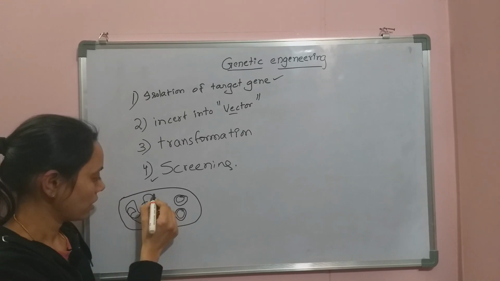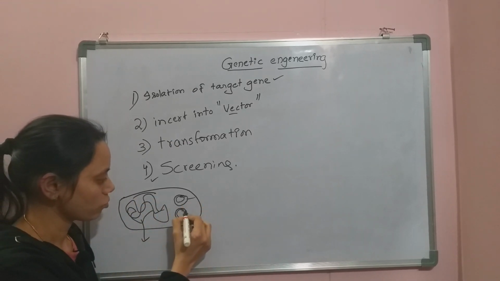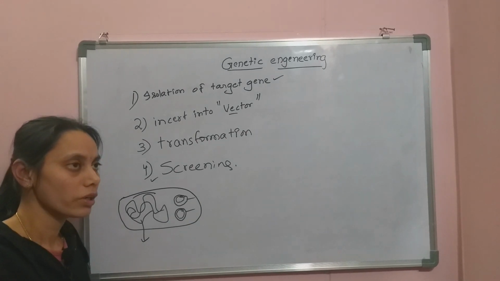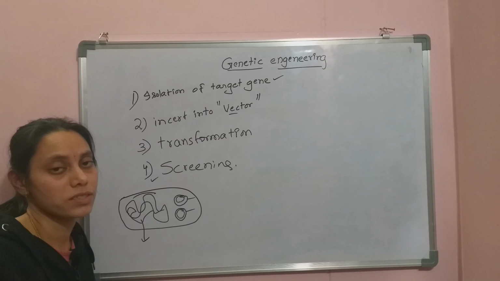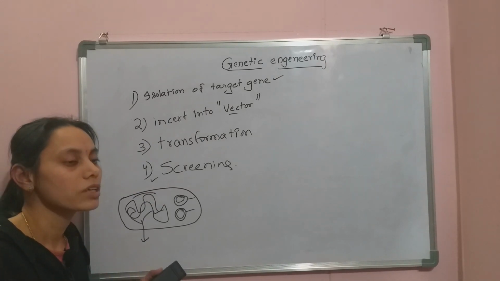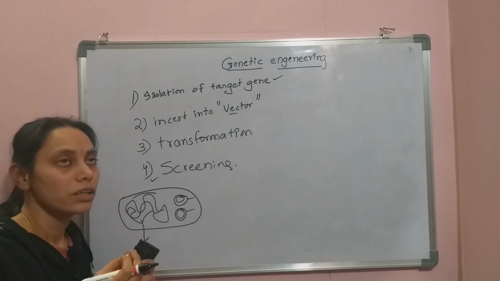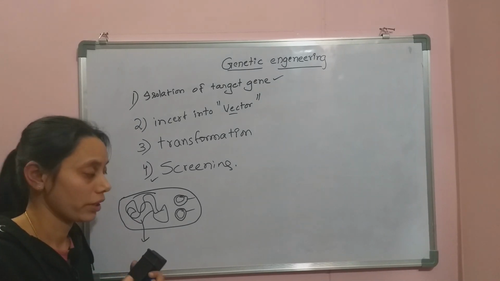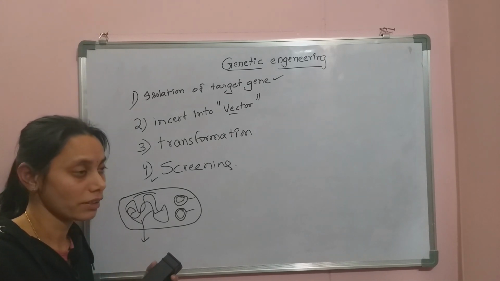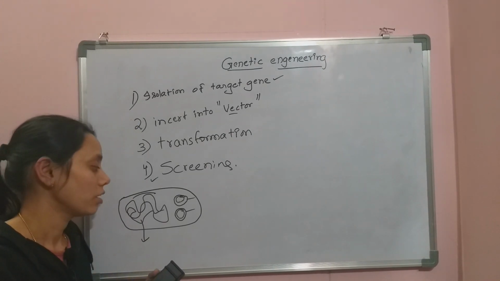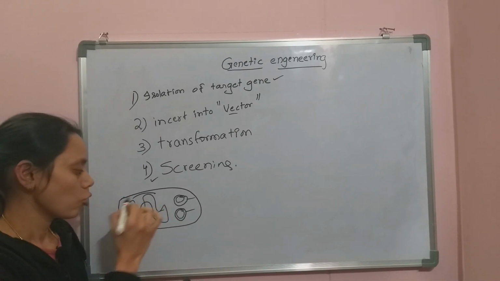So let us consider this as the main chromosome, and these two are plasmids. Plasmids are widely used vectors in genetic engineering because they are small, around 10 kb to 100 kb, and these are self-existing and independently replicating. The replication of a plasmid is not dependent on the host genome.